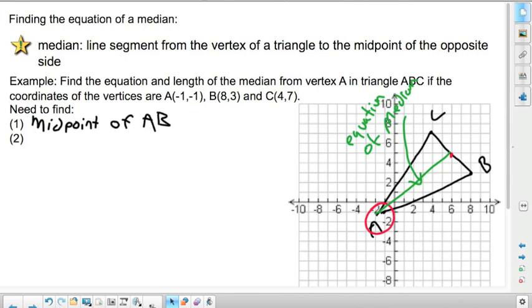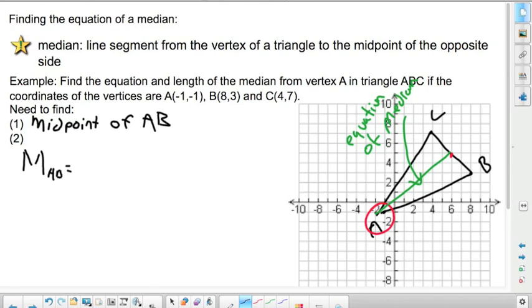And what else do we need to find to get our equation? What's the second thing that we need? Remember, we're looking for an equation. The actual line. Well, let's just start off with one first then. Okay? So let's find the midpoint.